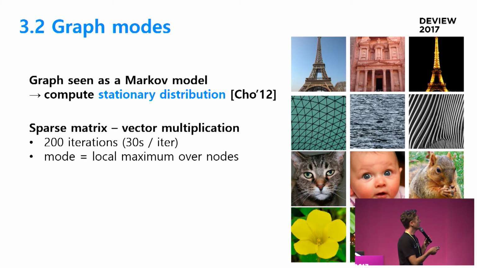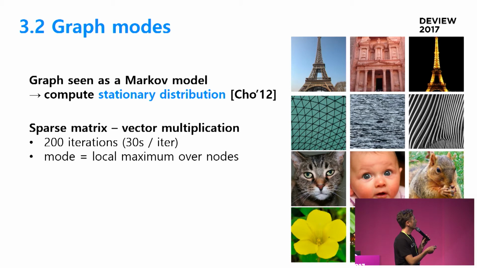One way to do this is to interpret your graph as a Markov model, so a random walk where, at any given node, you can go to all the 100 nearest neighbor nodes, and in this way, go through the graph, okay? And of course, if you have a node which is connected to many other nodes, then certainly, it indicates that there is a very dense area here, that it's an area of high interest.